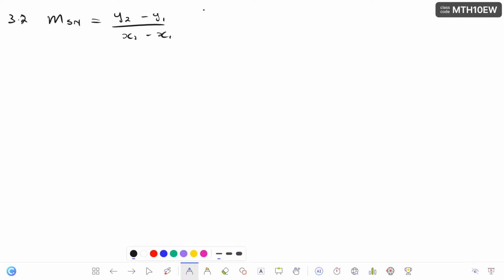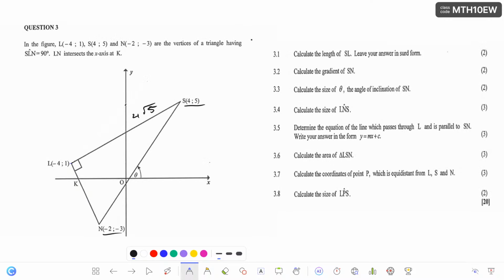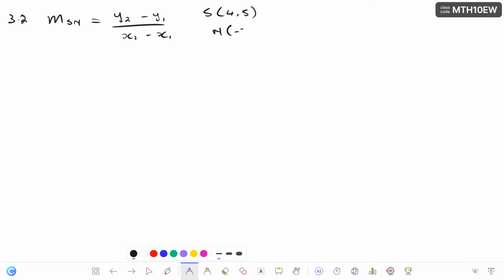The coordinate of S is (4, 5), and the coordinate of N is (-2, -3).